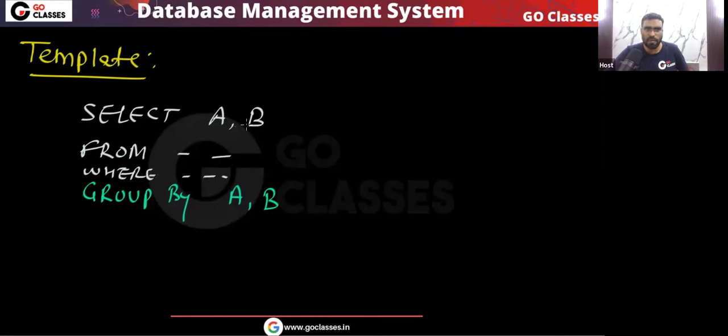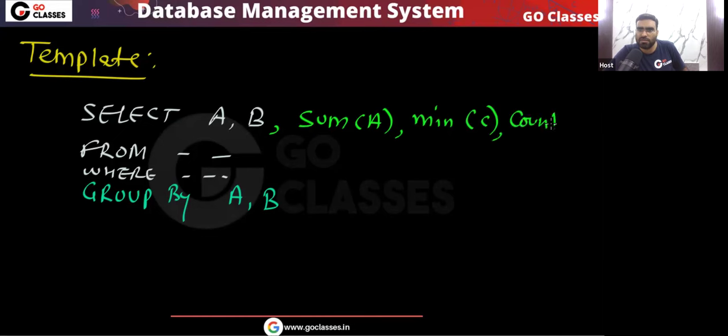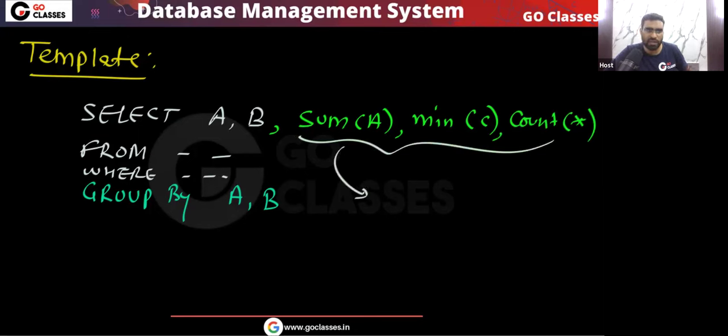Aggregation you can do for anything. For example, you can do sum of a, min of c, count star. One thing I want to tell you, this aggregation will happen group wise.